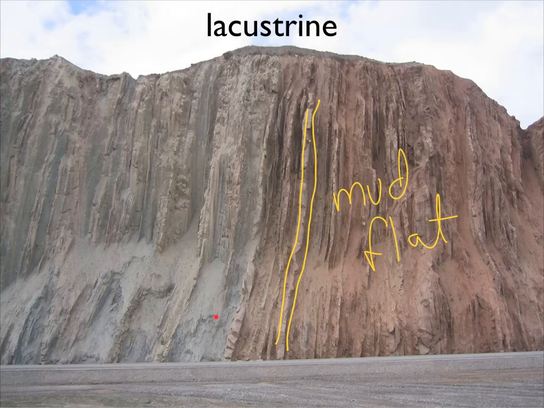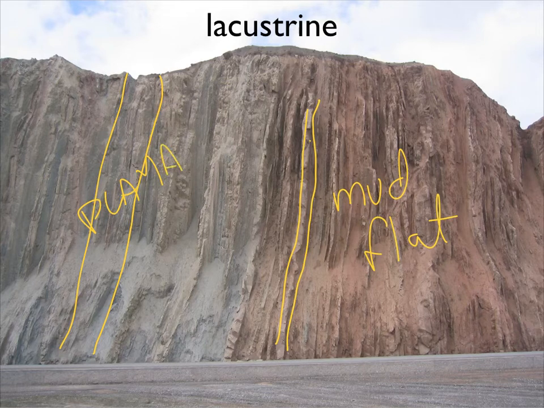But then these greens represent much more continuous beds, and there are evaporite layers. So this would be your salt flat or playa lake. So going up section, we've moved from the mud flat to essentially deeper water playa lake over time.